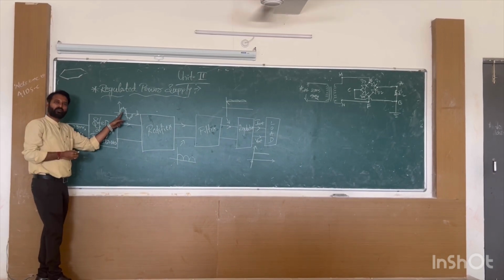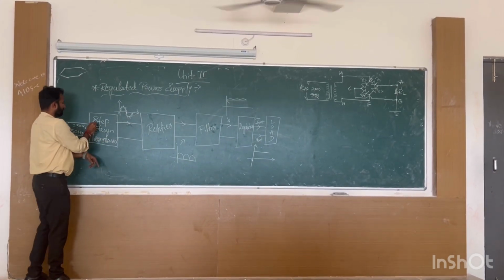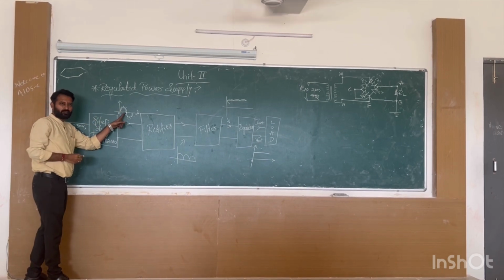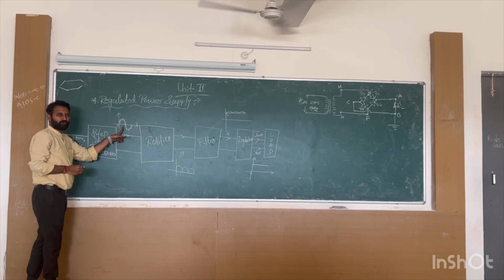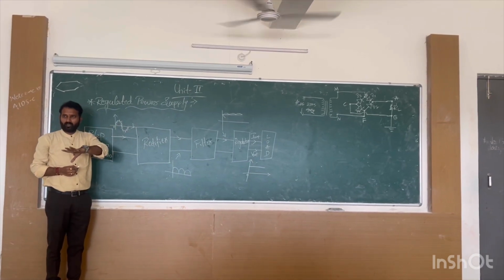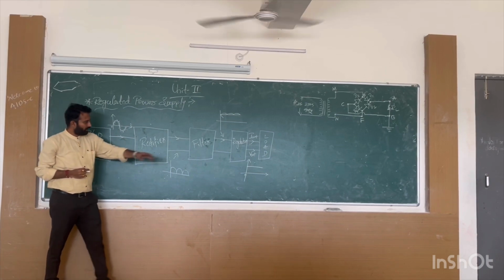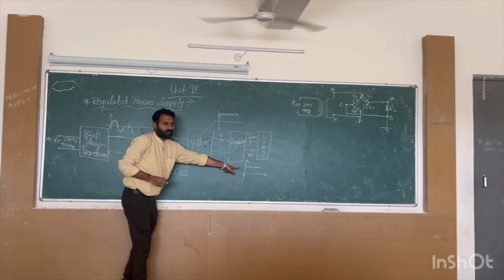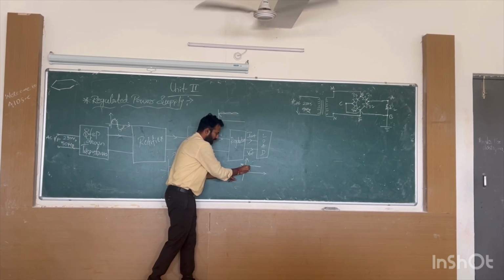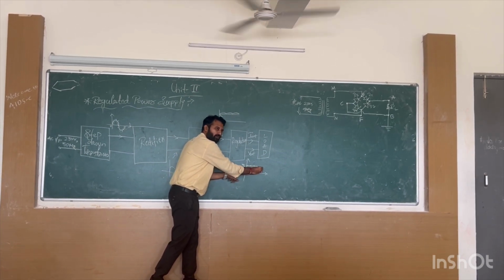What is it doing? The input is changing. This is your input, a sinusoidal waveform, an AC input. What will the RPS do? It will make sure that you have a constant output, a constant 5 volt.